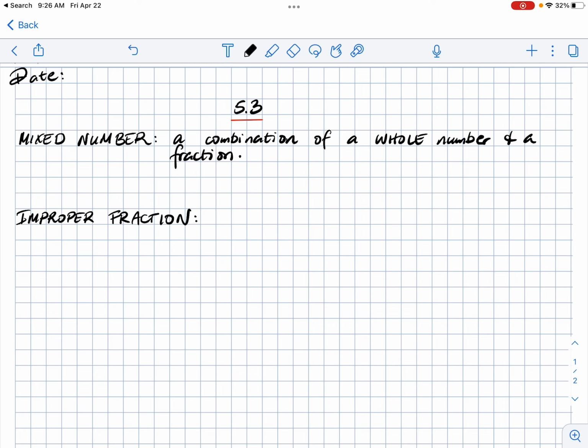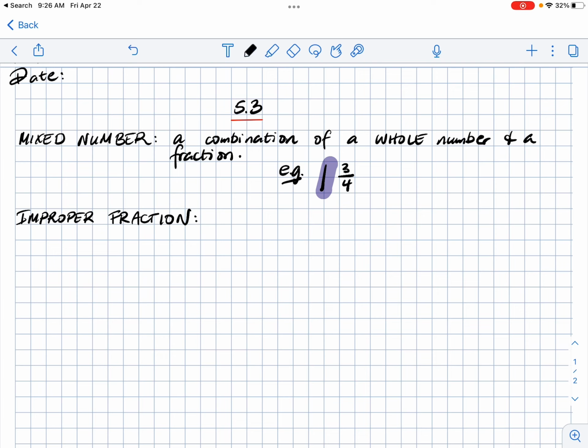So one example would be 1 3/4. Okay, so again, you have the whole number here being 1, and then you've got the fraction portion attached to it.